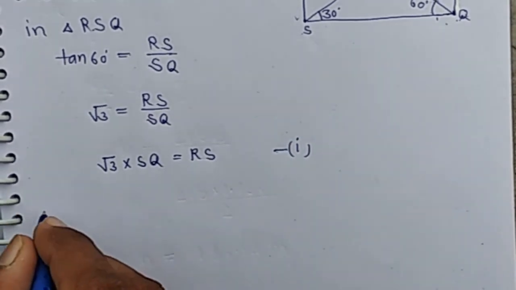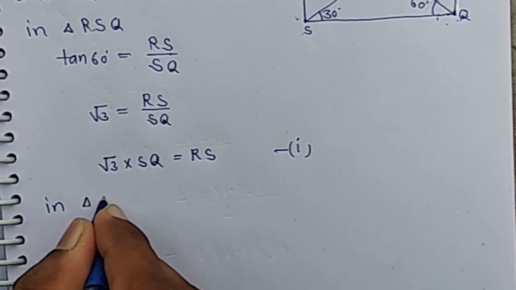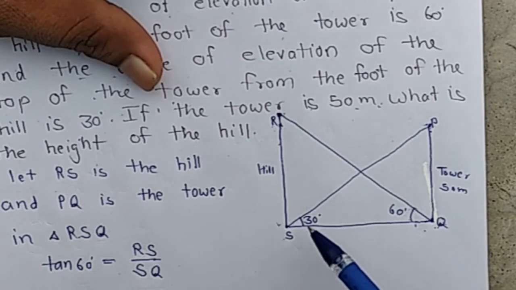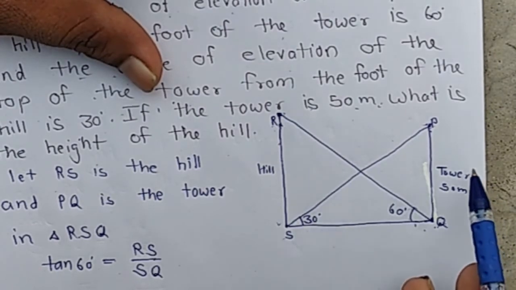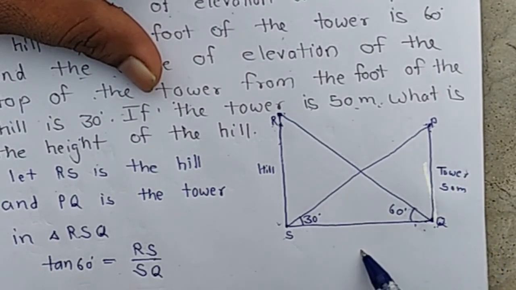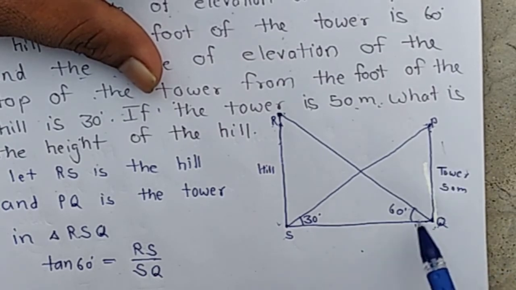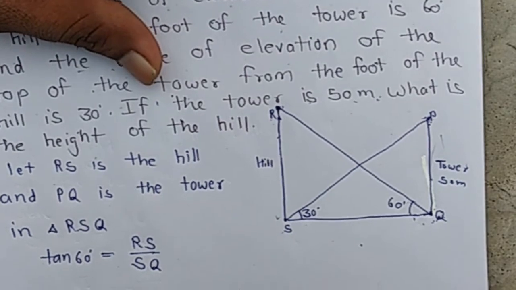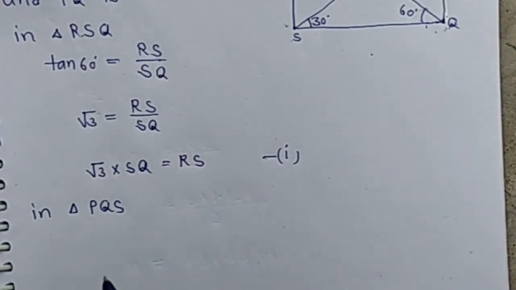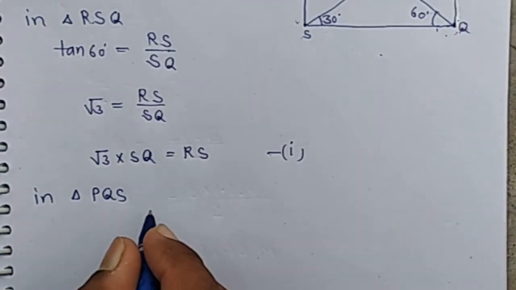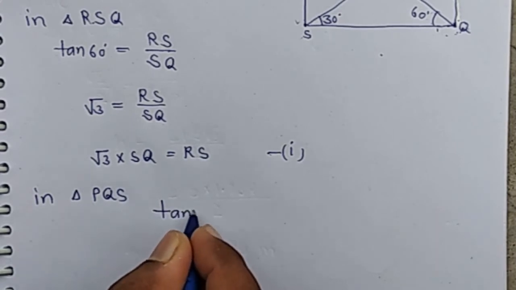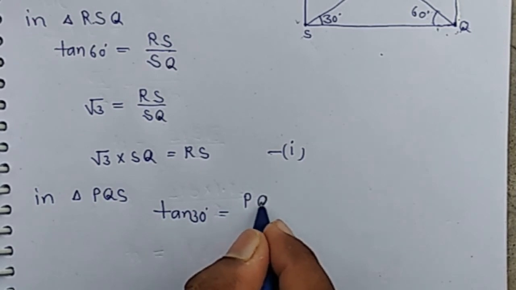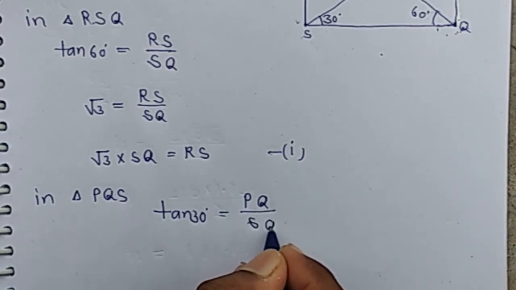Now in triangle PQS, if we apply tan 30, then tan 30 equal perpendicular upon base, means PQ upon SQ.